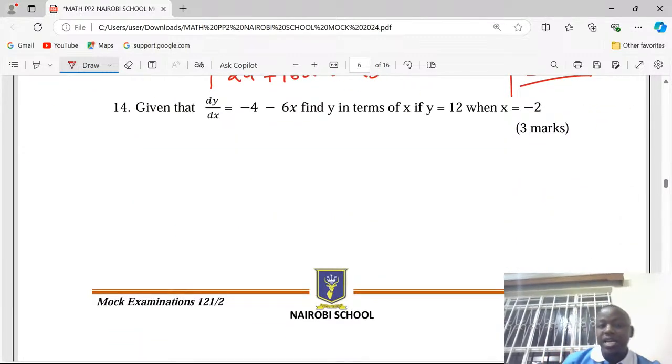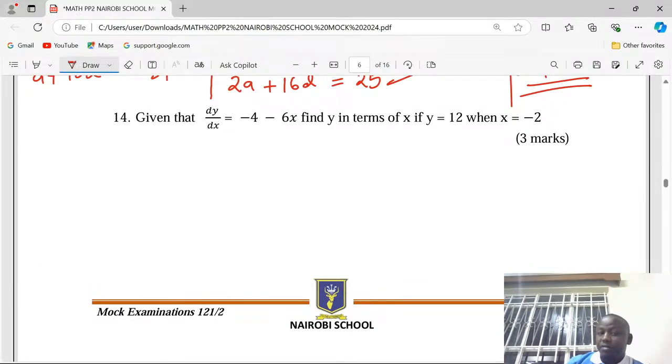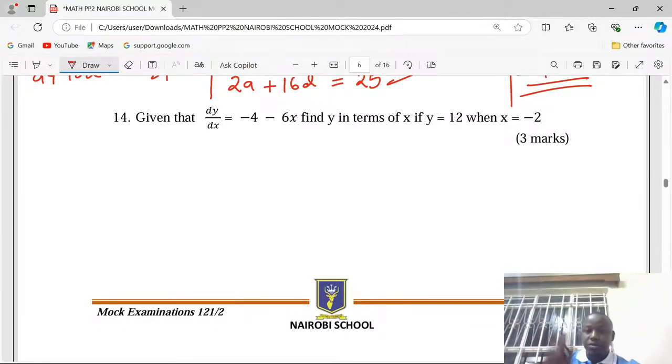Given that dy/dx, that is the derivative of a certain function y with respect to x, is equal to negative 4 minus 6x, find y in terms of x if y equals 12 when x equals negative 2.